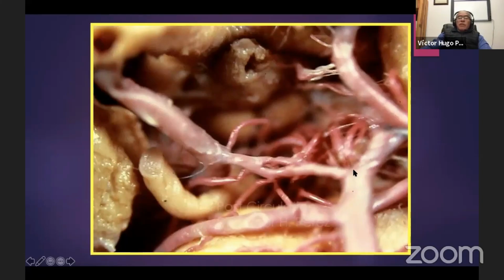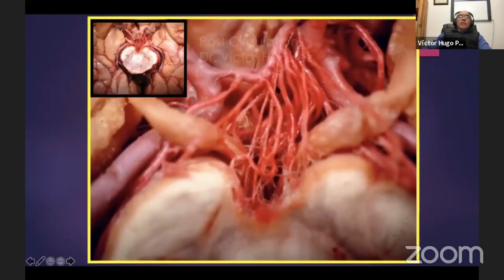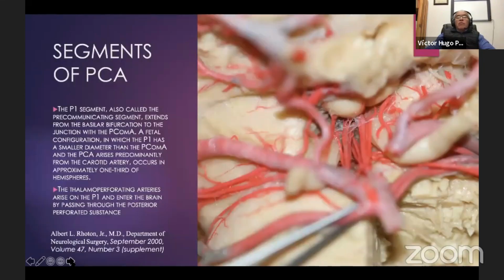Here we have the basilar tip of basilar artery, and this is the superior cerebellar artery on the right side, and this is P1. This is very small, and then we can see numerous branches coming from this spectacular P1 segment of a posterior cerebral artery.